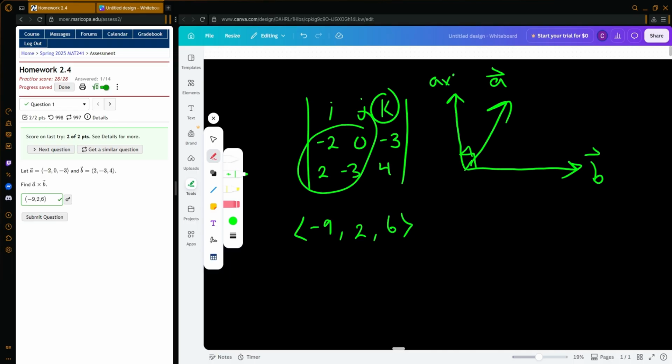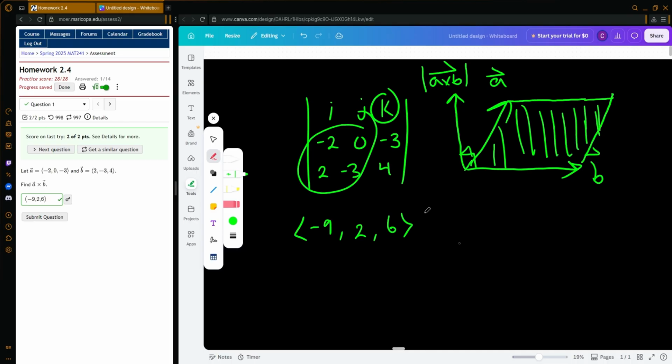This is A cross B. And then what we'll learn is that the magnitude of this vector corresponds to the area of the parallelogram that these two vectors create. So if you take the magnitude of A cross B, it's equal to the area of that parallelogram. So that idea will be useful later.